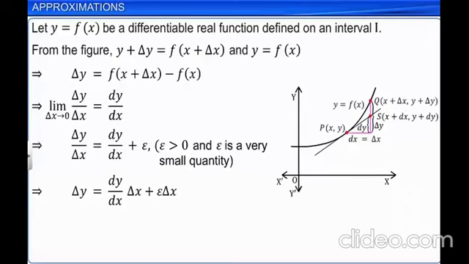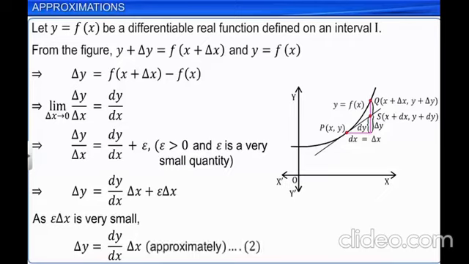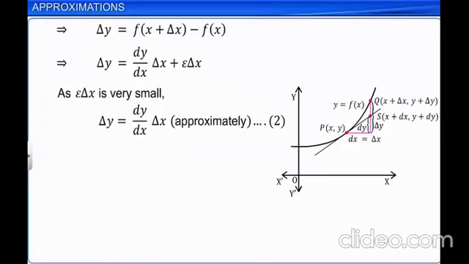Since the values of epsilon and delta x are very small, the product of these two quantities is negligible. Hence, the approximate value of delta y is dy upon dx into delta x. That is, the increment delta y in the dependent variable y is approximately equal to dy upon dx multiplied by delta x.